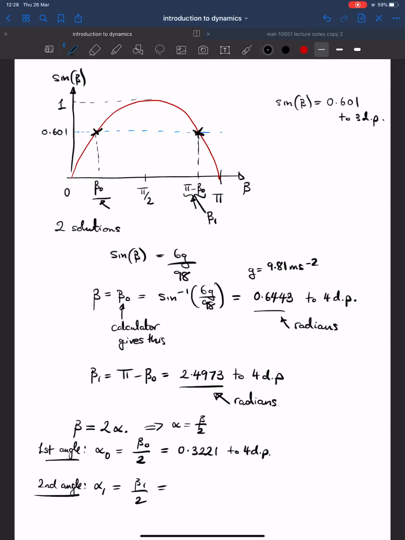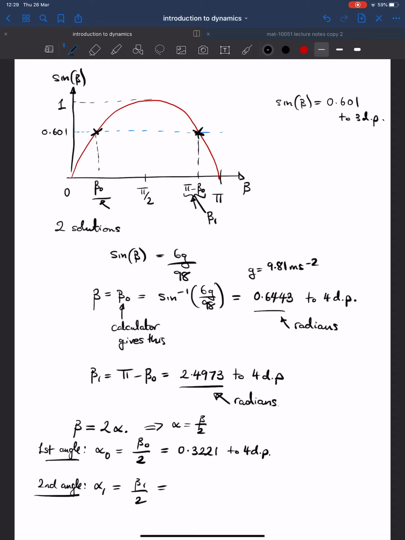Remember that I am using full precision in the computer. Right, now the next one is, okay, just give me a second, one half times this.